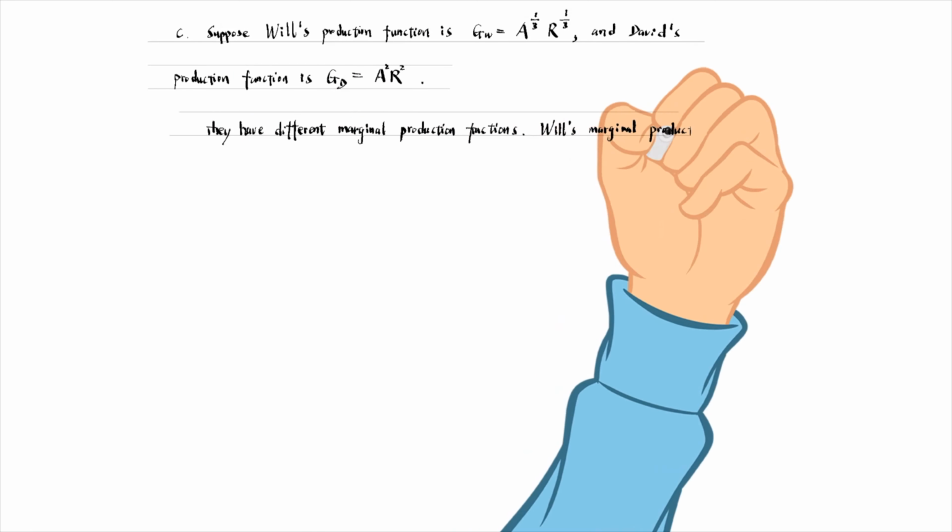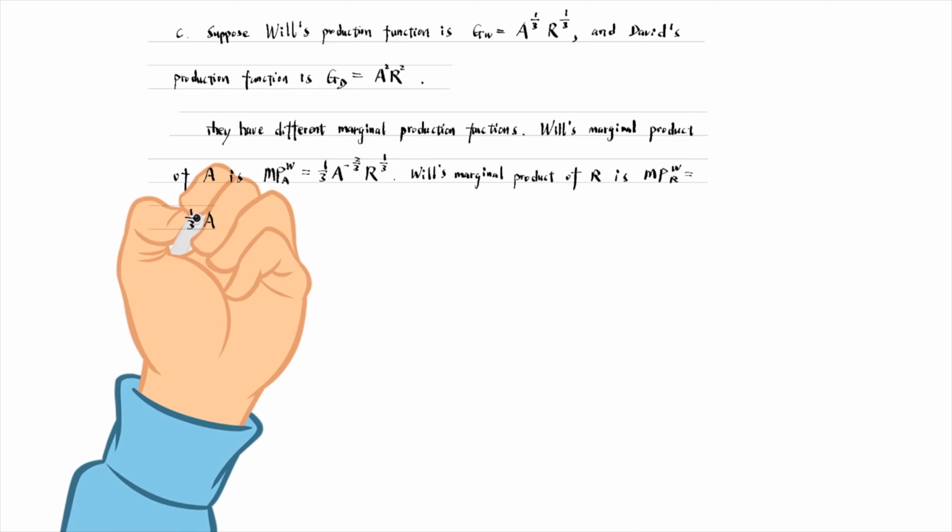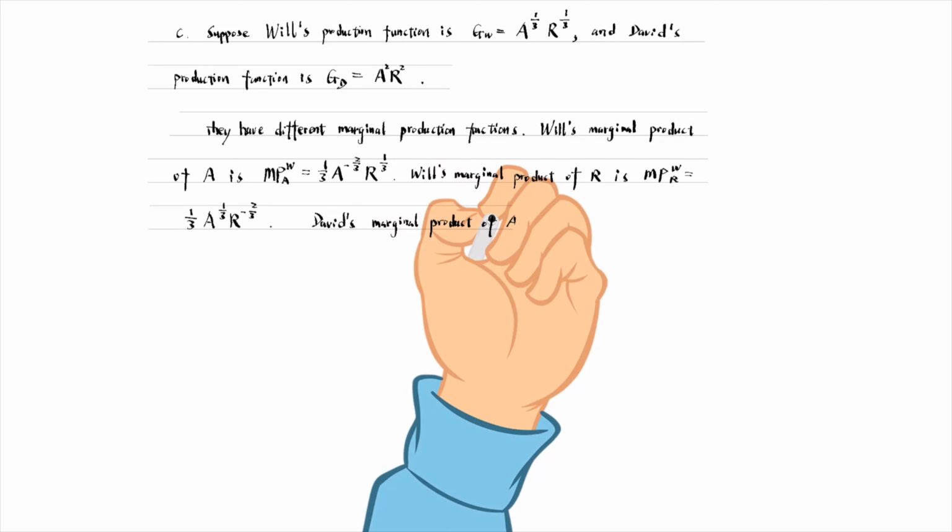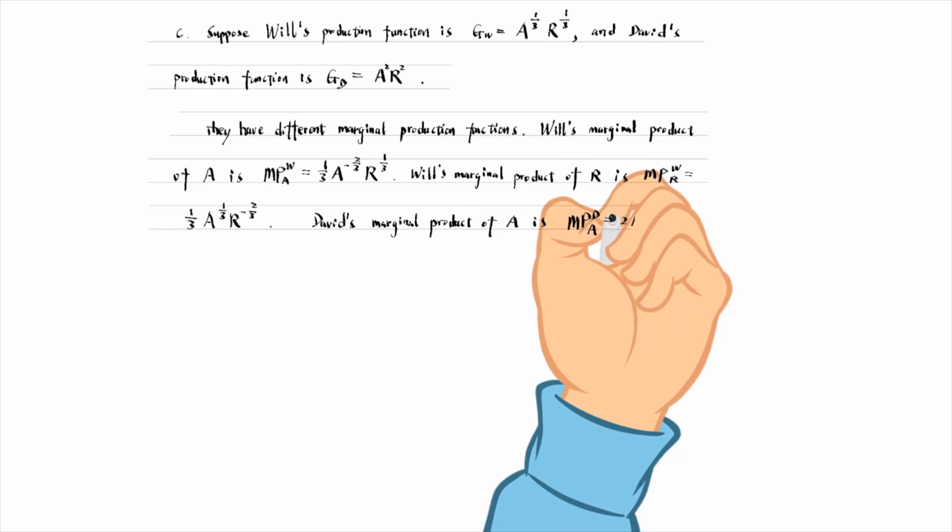Will's marginal product of A is as follows. His marginal product of R is as follows. David's marginal productivity functions are as follows. They are very different because Will has a diminishing marginal product. For example, the partial of the marginal product of A with respect to A is negative. It means as A increases, its marginal product decreases.